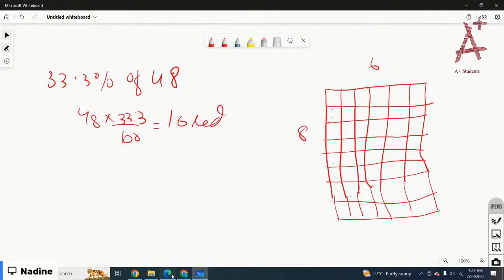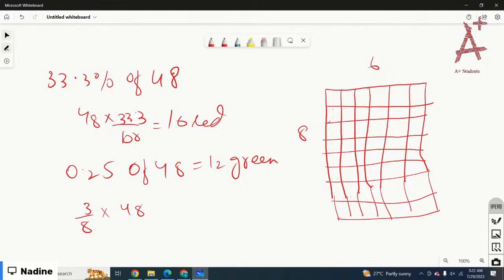That means for the red color, you have 16 squares that are red. Then you have 0.25 of the grid green, so you have to do 0.25 of 48. So it is 48 times 25 over 100. That means 12 of the squares are green. Got it? And the last one is 3 by 8 of the grid, which is blue. So you have to do 3 by 8 times 48.